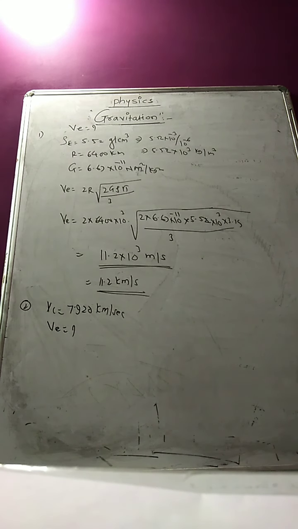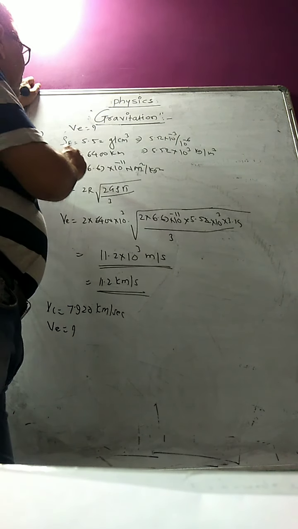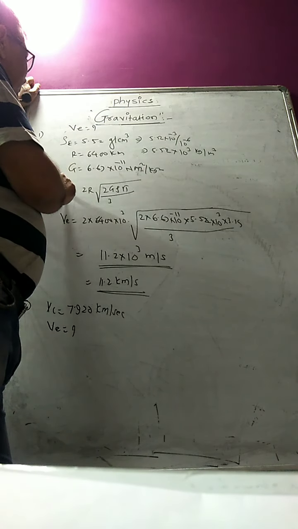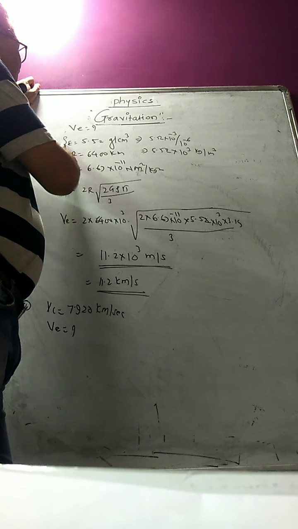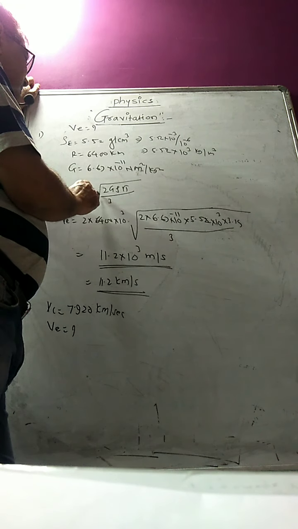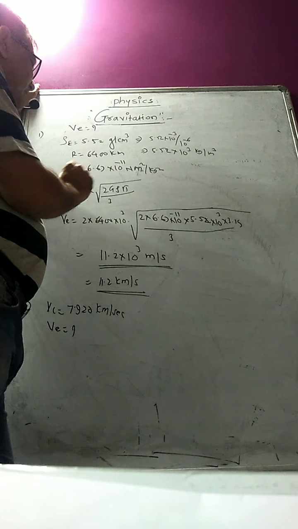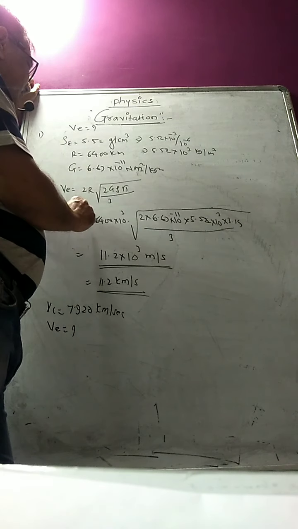So you want to find out the escape velocity. You have the relation of the escape velocity with R, rho and G. What is that relation? V is equal to 2 times R into square root of 2G rho pi by 3. So I will substitute the values.